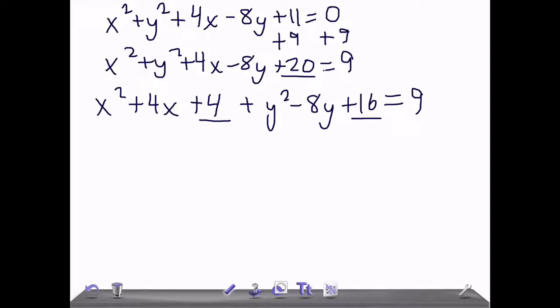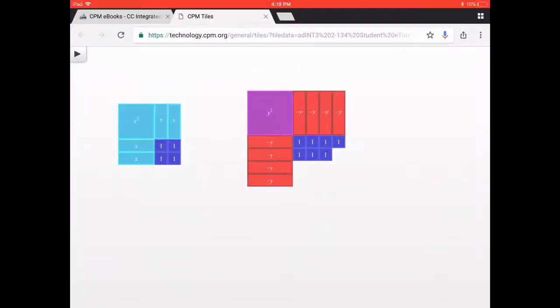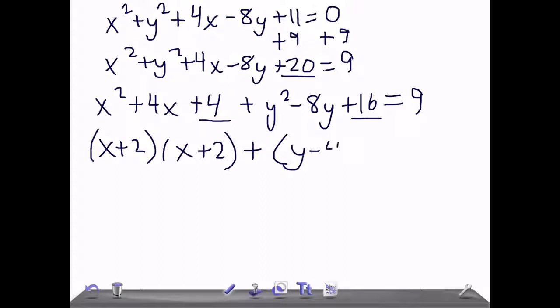Okay, so now over here I'm going to factor, and we can look at our algebra tiles again to see what it would factor into. This one would factor into x plus 2 times x plus 2, and this one would factor into y minus 4 times y minus 4.